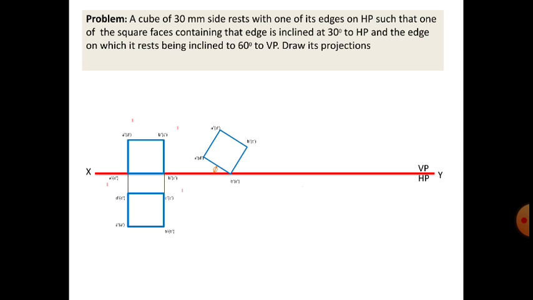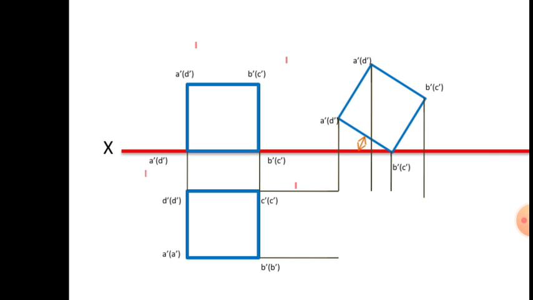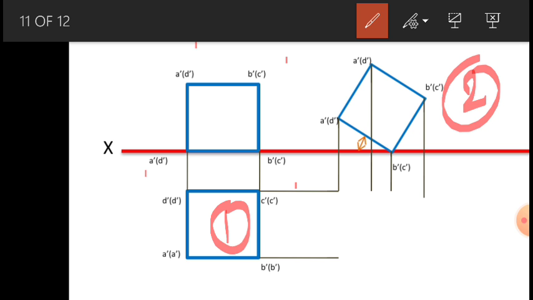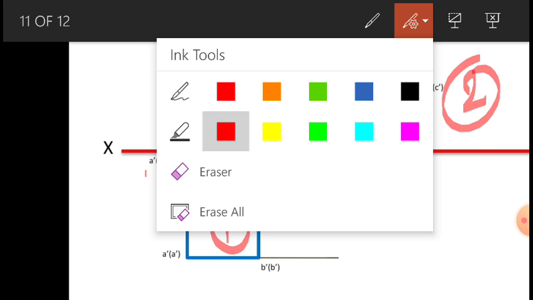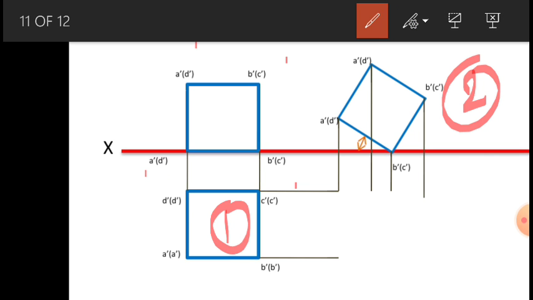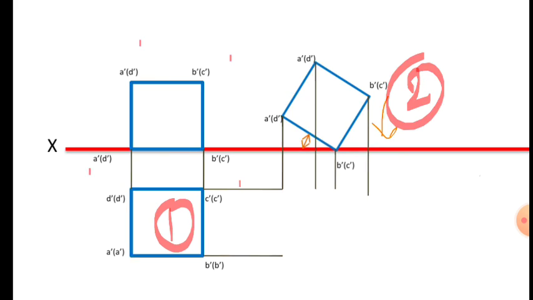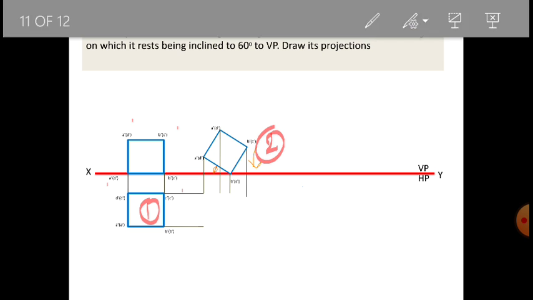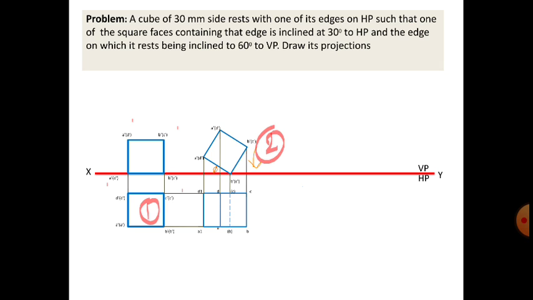By projecting the lines from the first object and from the second object, once we get the projections from these two objects, 1 and 2, we will get the object like this.